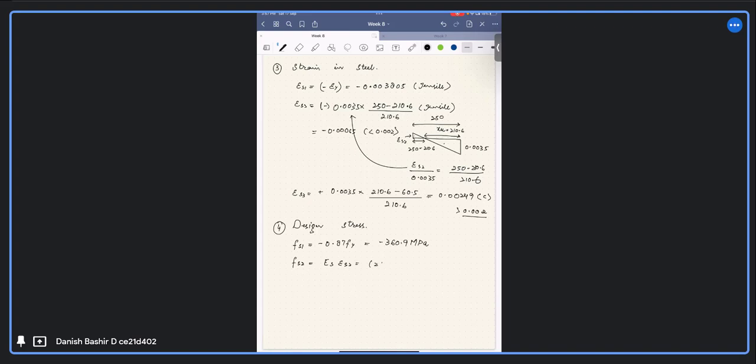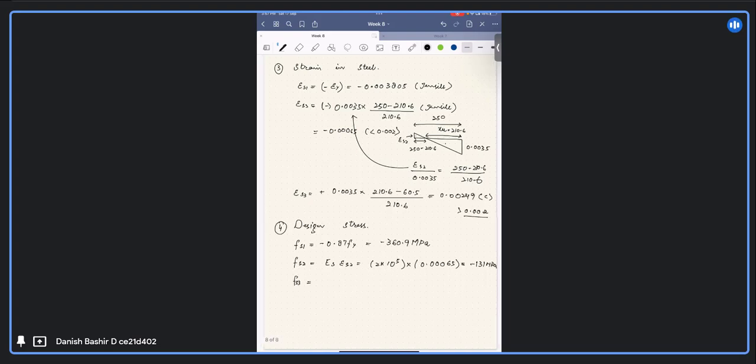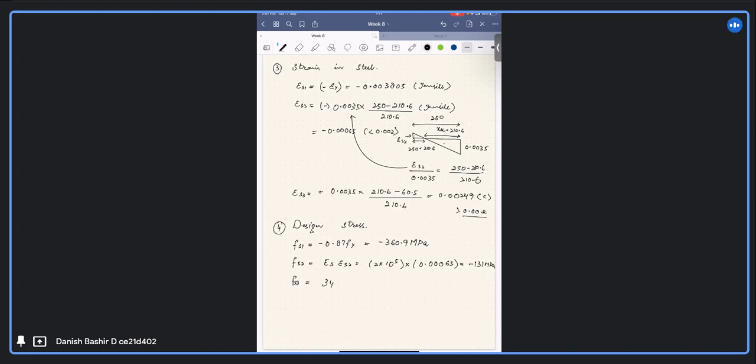It will be 2 into 10 power 5 multiplied by 0.0065. This comes out to be 131 MPa. FS3 will be like this one. Now here the strain is greater than 0.002, so you will have to calculate FS3 in a similar manner. You will get 345 megapascal, MPa.